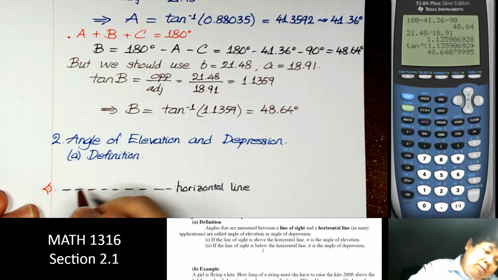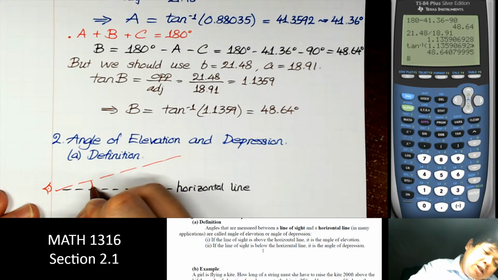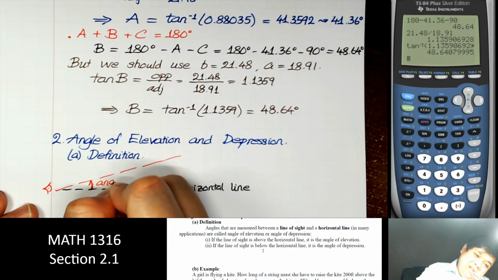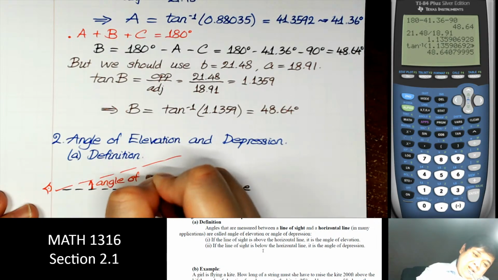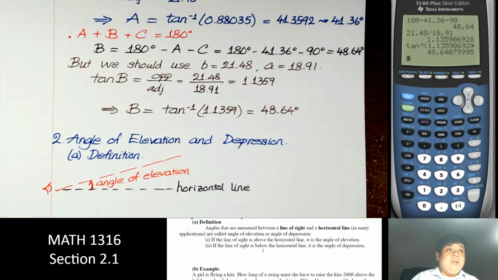If we look up, this is called the angle of elevation. So we're looking up from the horizontal line.